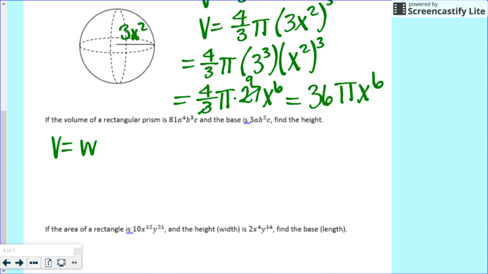One of those could be the base. So let's say width times the base, let's call it base, instead of length, times height. We know the total volume is 81a to the 4th b cubed c. And we don't know the width.